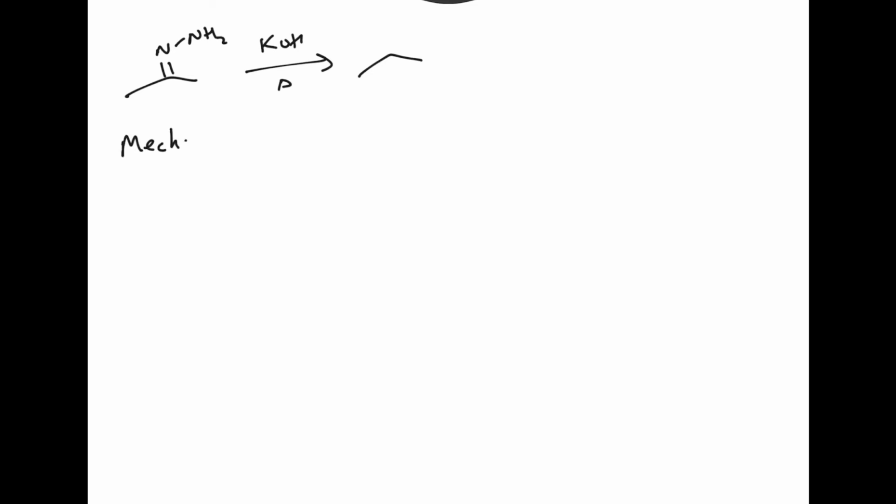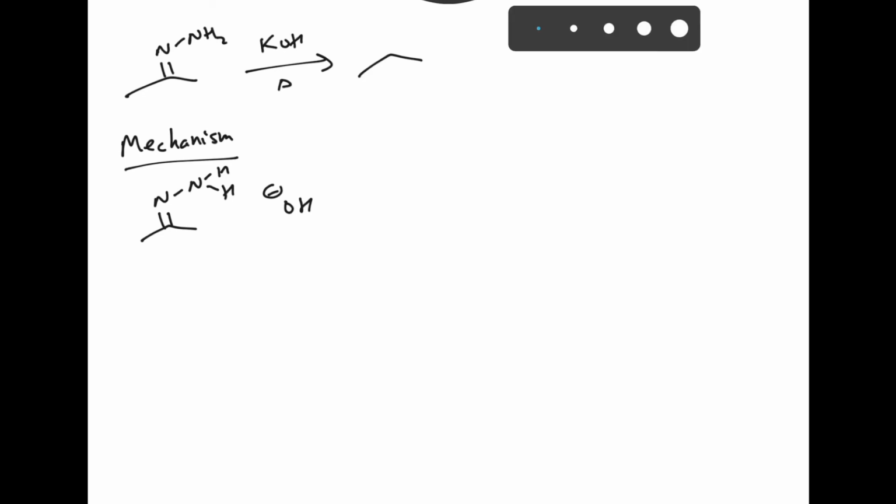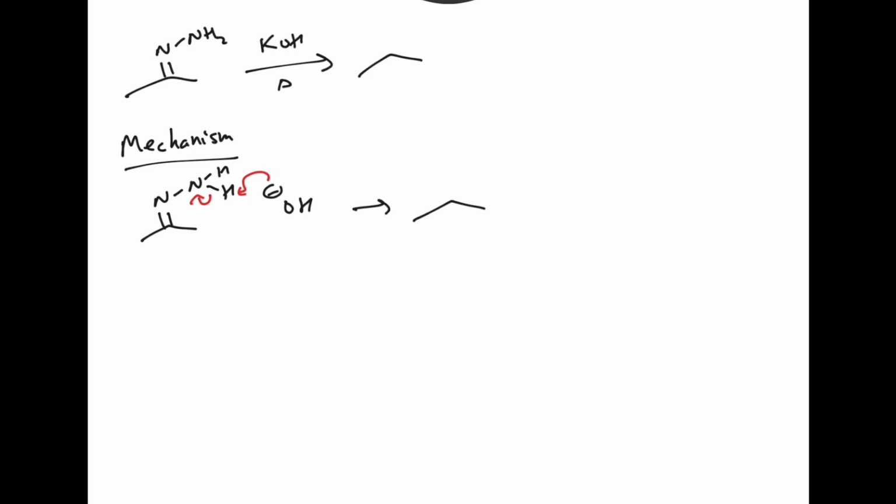So the mechanism: you have your hydrazone, which has 2 hydrogens on it, and then you have KOH. I'm just going to treat it as hydroxide. It'll be easier. I don't really care about the K. So I'm going to pull a hydrogen off that nitrogen and make a negative charge on our nitrogen, and generate water.